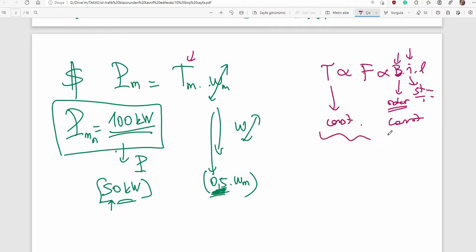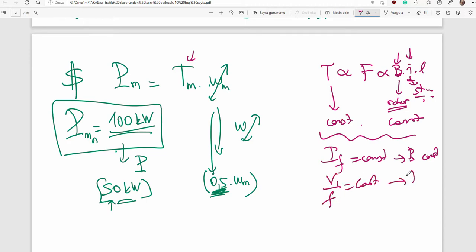I assure you that if you keep I_F constant, B is approximately constant, and then if you keep voltage over frequency constant, I1 will be approximately constant.